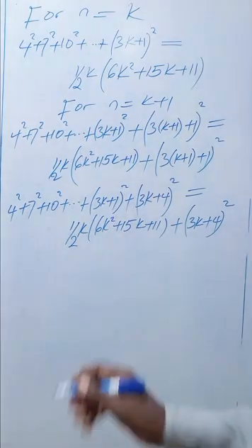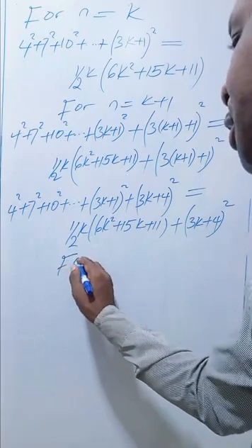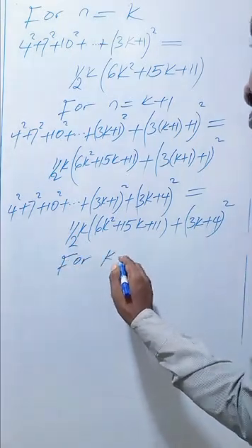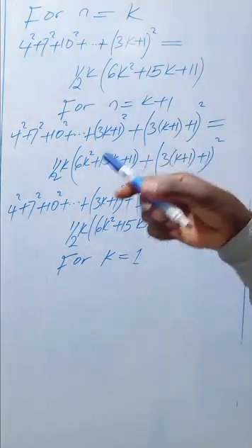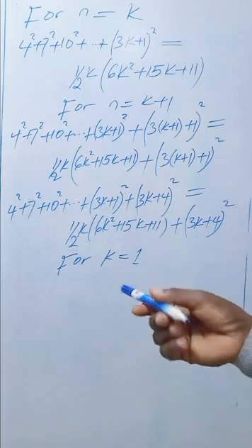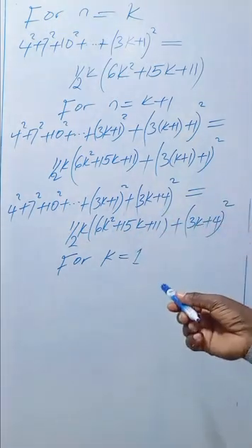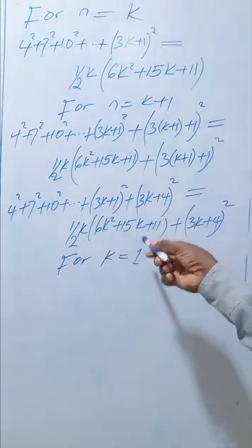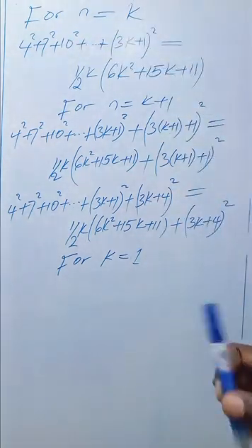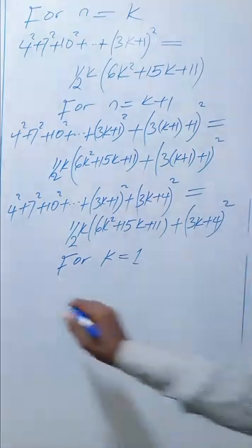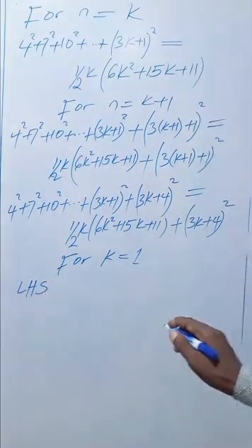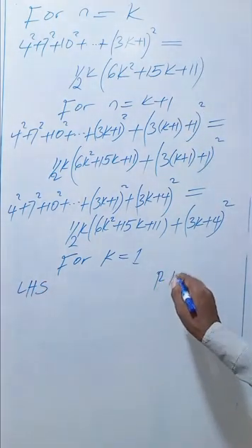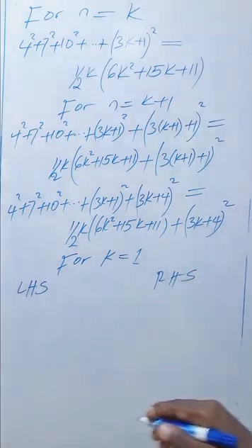Okay, we can prove. So let's say that now our k equals 1. Remember we proved for n equals 1. Then we prove for n equals k. Now, what if this k equals 1? Okay, what do we do here? We take the last two terms of the left-hand side, and we take the right-hand side as it stands.